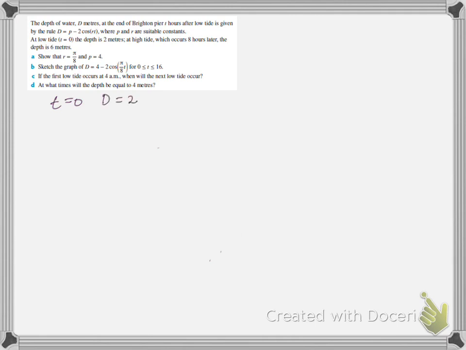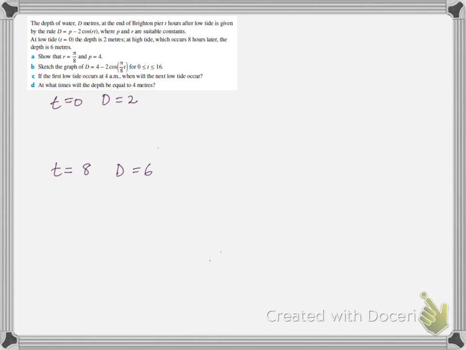And we're also told that when T equals 8, D is equal to 6. And we're asked to show that R equals pi on 8 and P equals 4.